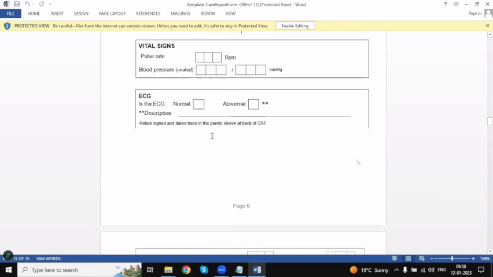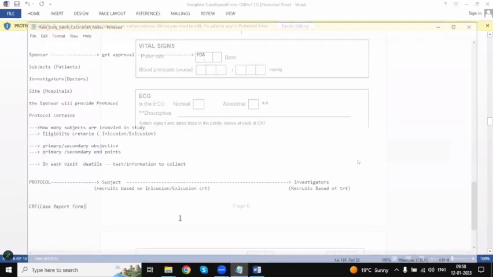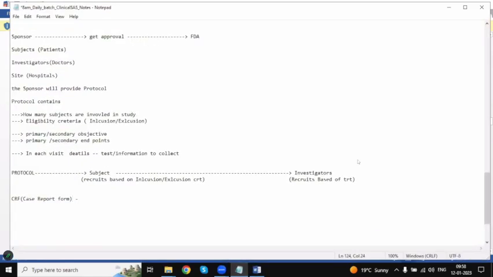Previously, CRFs were maintained as paper CRFs. I told you that the clinical trial process takes some 2 to 8 years, so maintaining these papers for 2 to 8 years is so difficult.